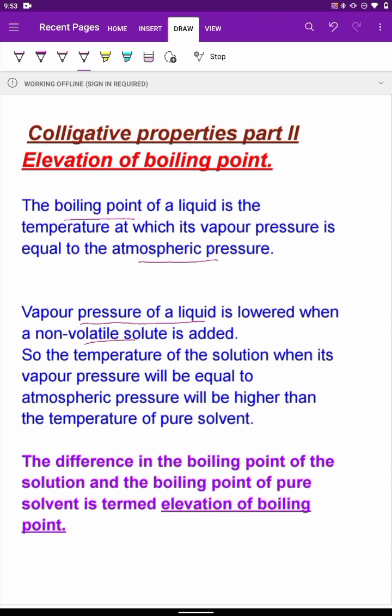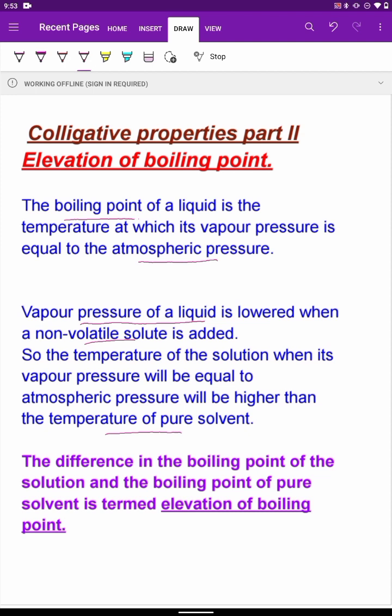This temperature at which both the pressures are equal will be higher than the temperature of the pure solvent, meaning when the solute was not added. Let's say at temperature T the vapor pressure was equal to atmospheric pressure. Now we have to find a new temperature T dash, after addition of the non-volatile solute, when the vapor pressure will be equal to atmospheric pressure, and this new temperature T dash will be greater than the temperature at which the liquid was boiling before addition of the solute.